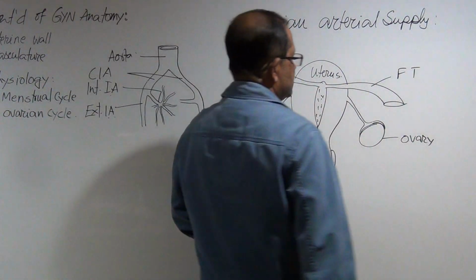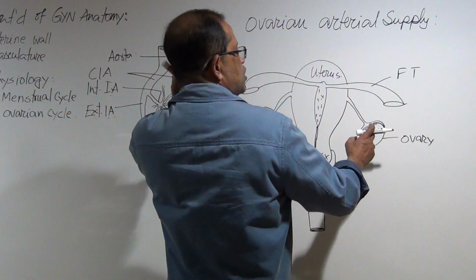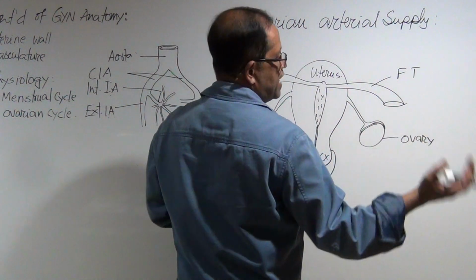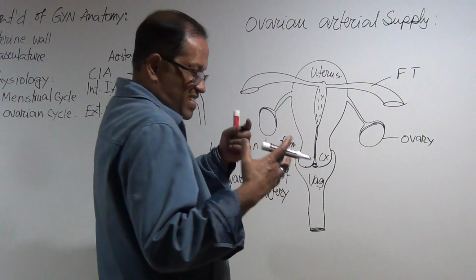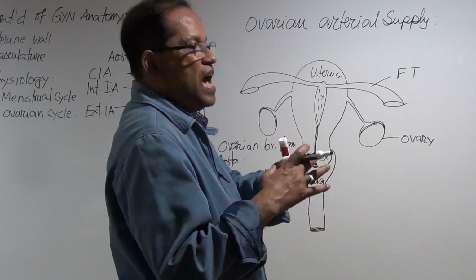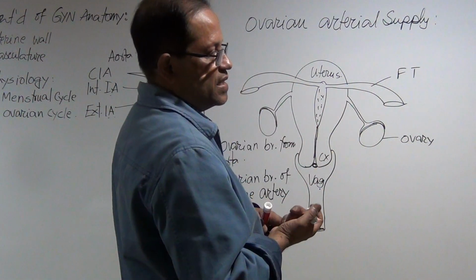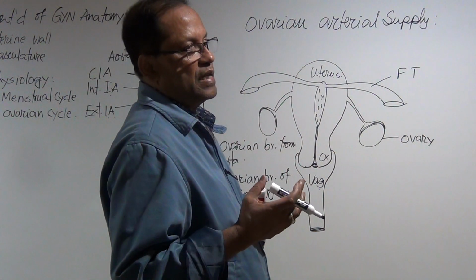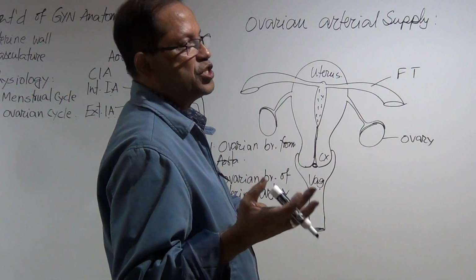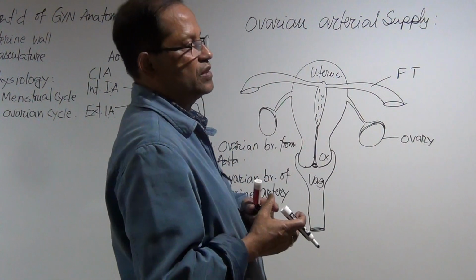The ovary, because of its ovarian cycle, gives some tightness inside and relaxes inside. Especially at ovulation time, the resistance to the ovary is less.